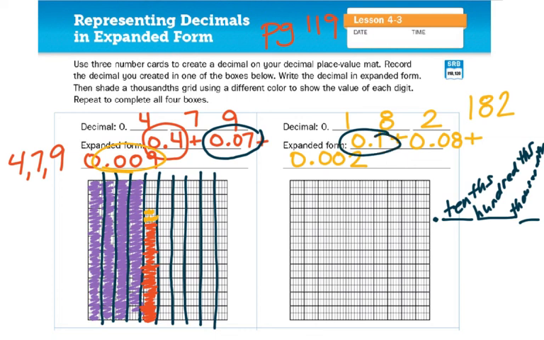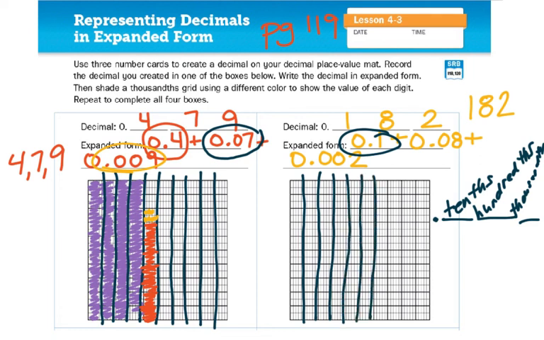So I'm going to start with 1/10. Remember, we can think about this as also being in 10 equal sections by looking at those bolder, long lines that divide it vertically. So again, 3 different colors. So I'm going to start with 1/10, 1 out of 10 equal sections. Next, I'm going to take 8 hundredths.